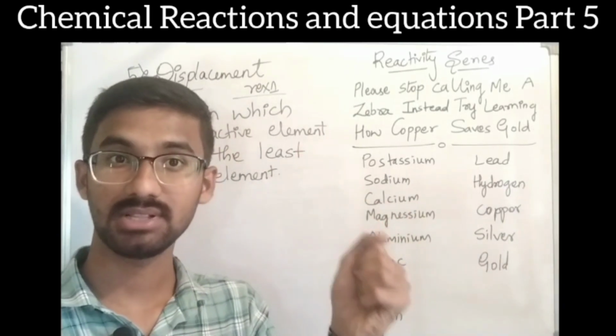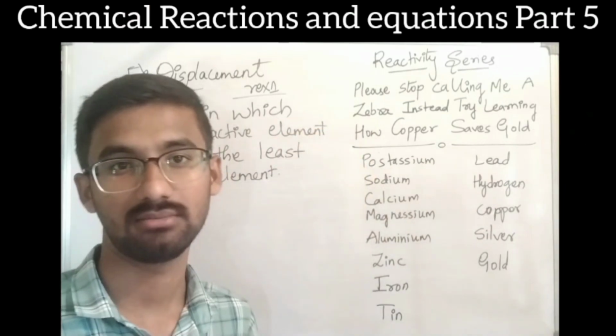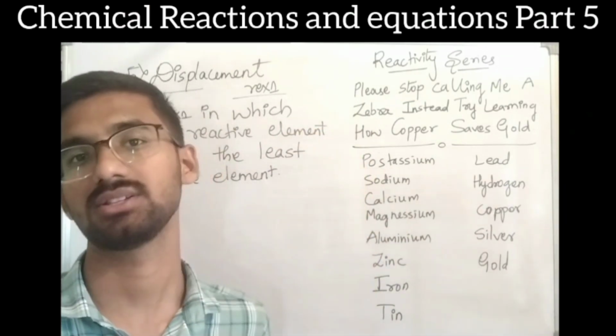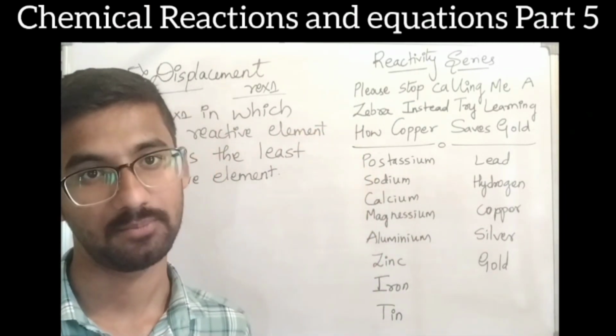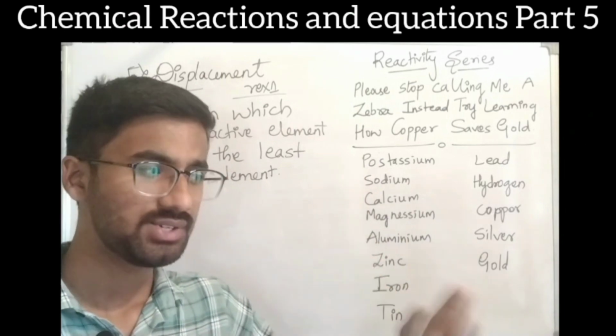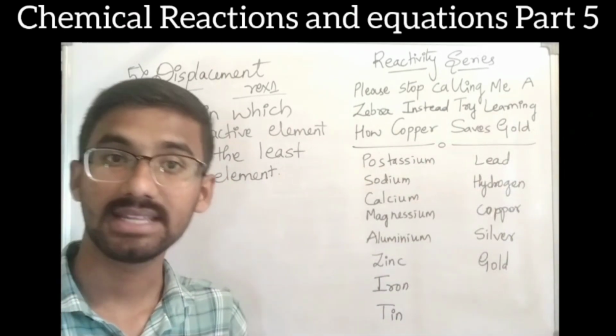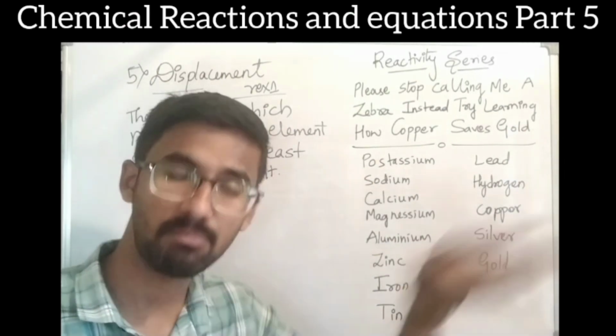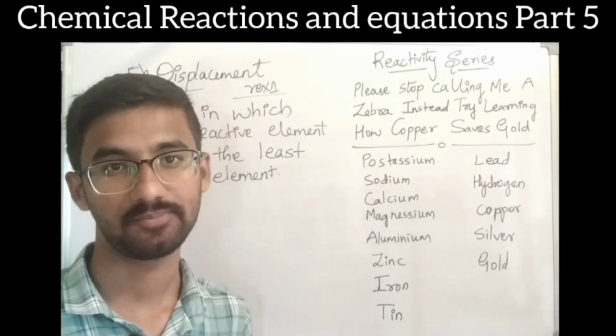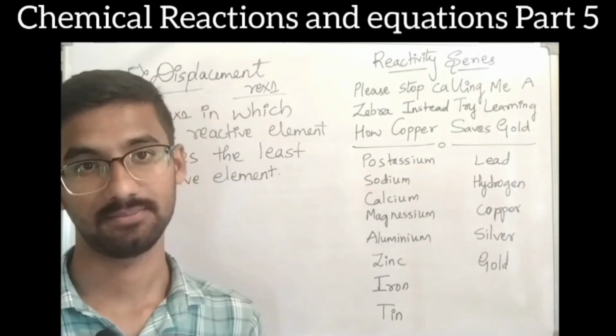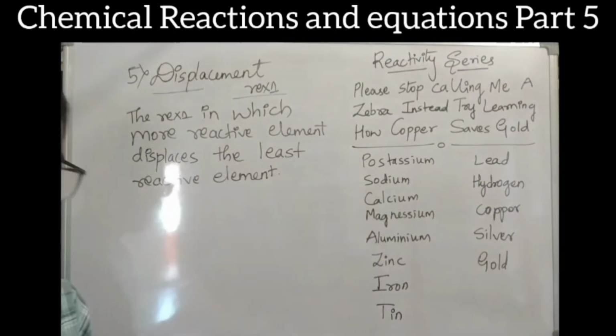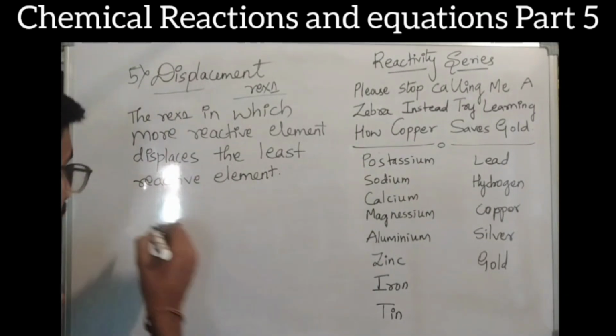High authority people replace low authority people. High power people replace low power people. Likewise, the element that is highly reactive can displace the least reactive element. For that, I am going to write an example for you.